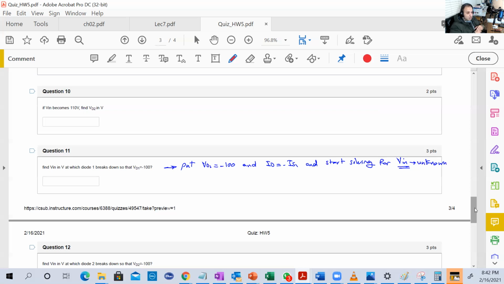Okay, so you must find in that question 11 the value of the input at which D1 goes into breakdown.